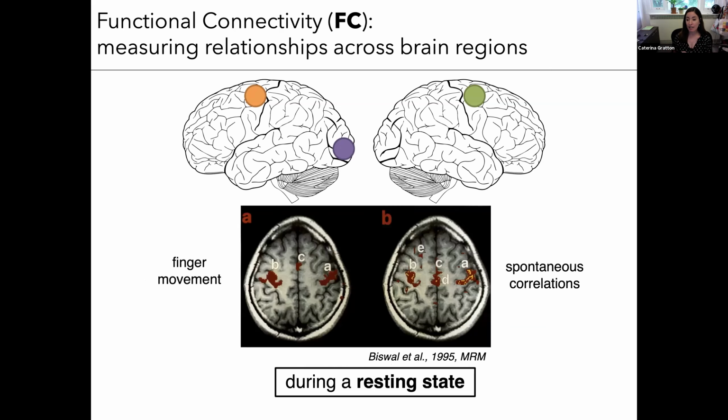In fact, the patterns of correlations in the spontaneous activity mimic the patterns of evoked activations that you might see in a task-related context, for example, in a finger movement task. And this extends beyond just cortex. I showed you left and right motor cortex here, but in fact a single motor cortical region might be correlated with motor-related regions also in the subcortex and cerebellum and so forth.